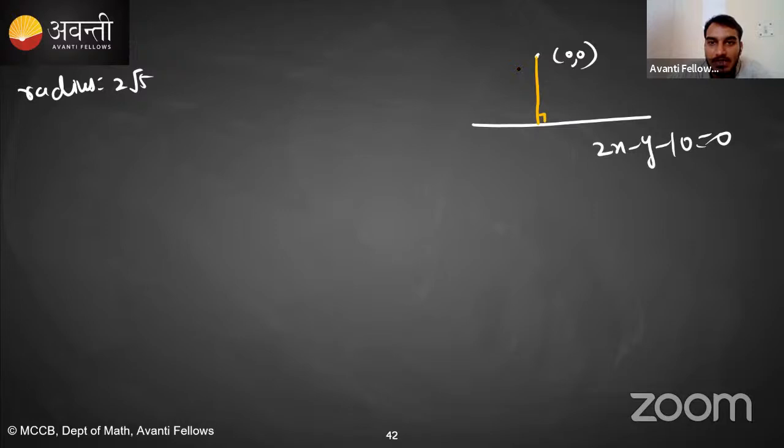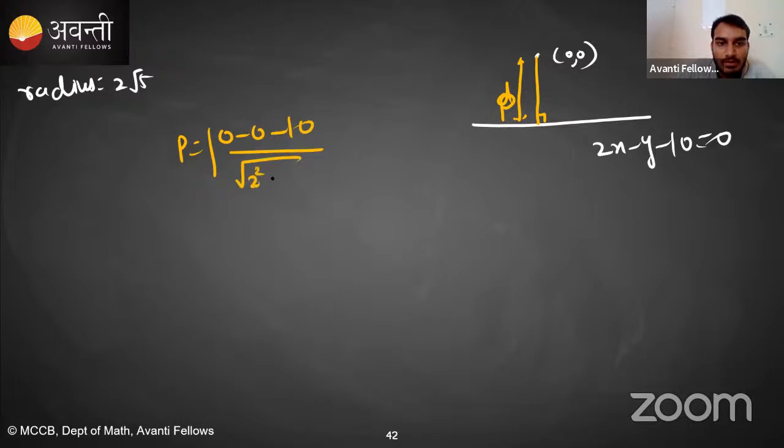This distance is p, right? Perpendicular distance. So what is p? Put the 0 comma 0 in the line. So 0 minus 0 minus 10 upon under root of 2 square plus 1 square, which is minus 10 upon root 5.